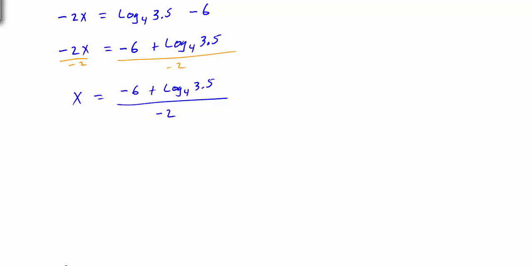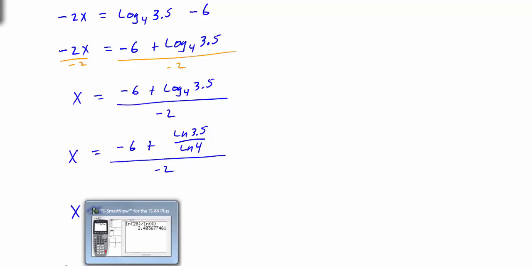And then we can handle this log base 4 of 3.5 again by using the change of base. Log base 4 of 3.5 is the natural log of 3.5 divided by the natural log of 4, and all of this is still divided by negative 2. So if we go to the calculator and type this in, we will end up with the answer.